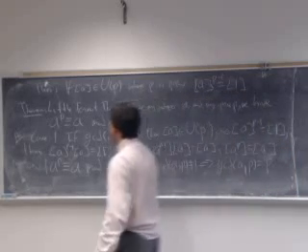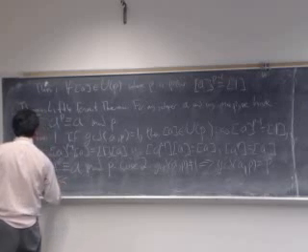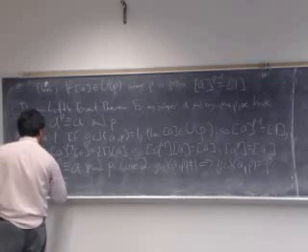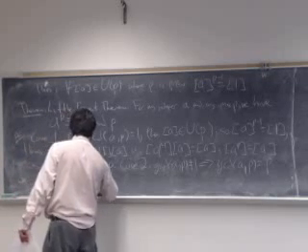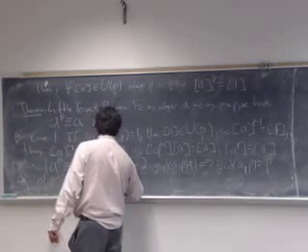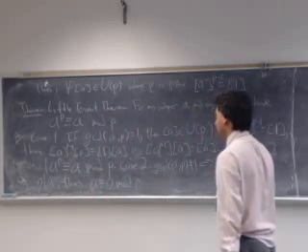In other words, P divides A, so P divides A is equivalent to A being 0 mod P.